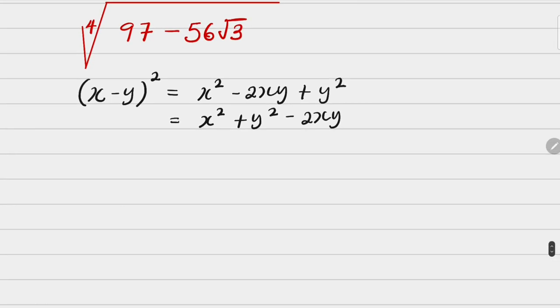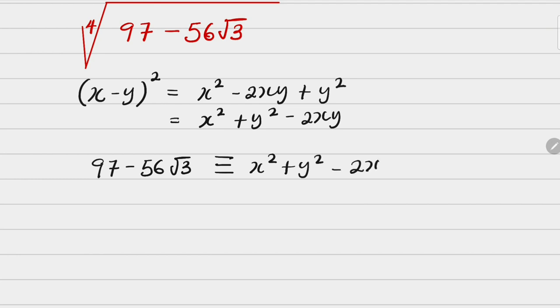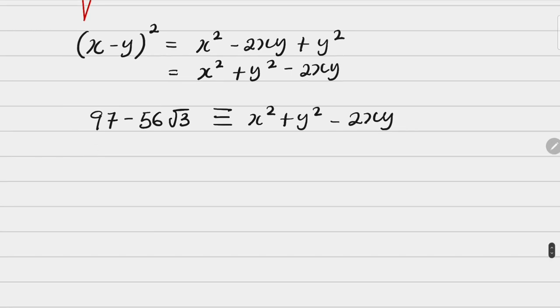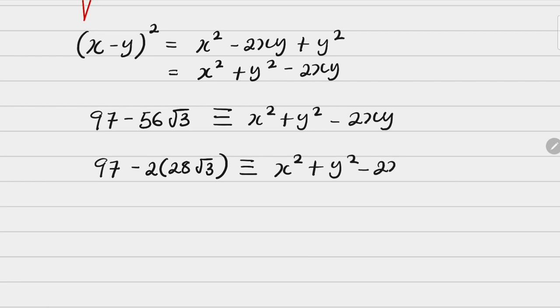Now, why not let's compare this 97 minus 56 root 3 to x squared plus y squared minus 2xy. If you do this, you end up with 97 minus 2 into 28 root 3, which is equivalent to, because we are comparing, minus 2xy.